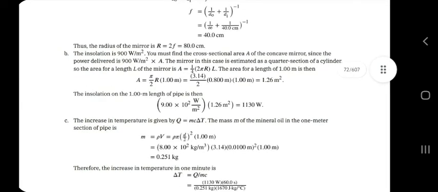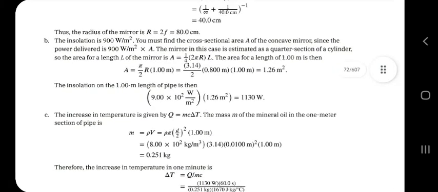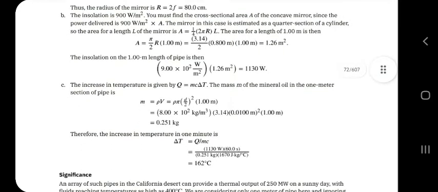So we must simplify, so we get 1130 watts. So that's the insulation of 900 watts per meter squared.